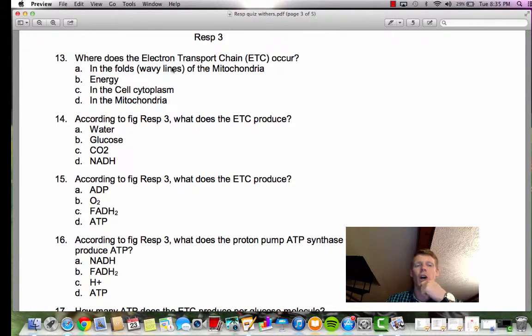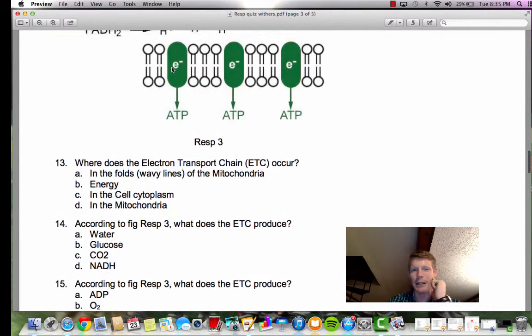16. According to figure respiratory 3, what does the proton pump ATP synthase pump across the membrane to produce ATP? Is it A, NADH, B, FADH2, C, H+, or D, ATP?